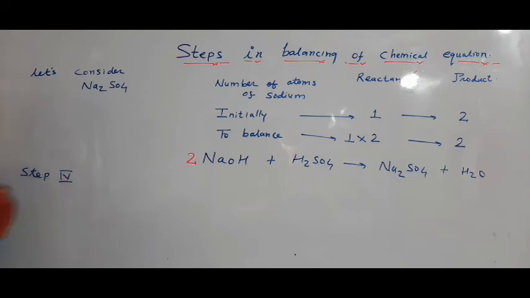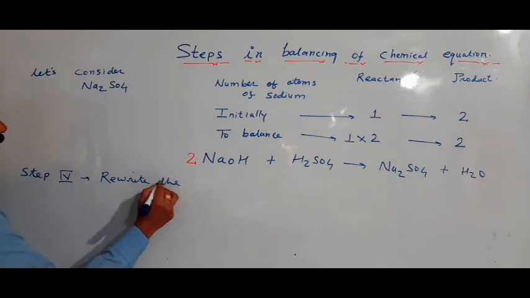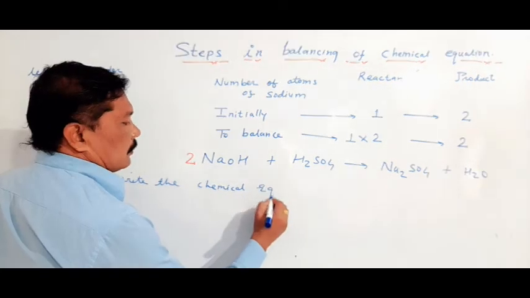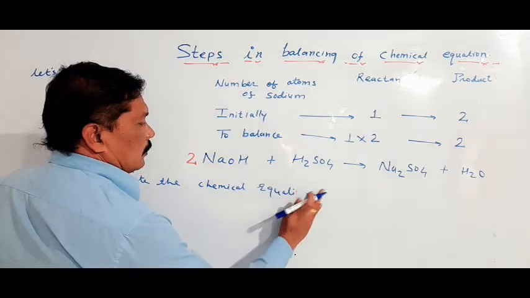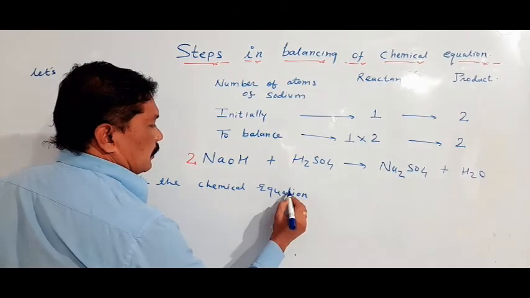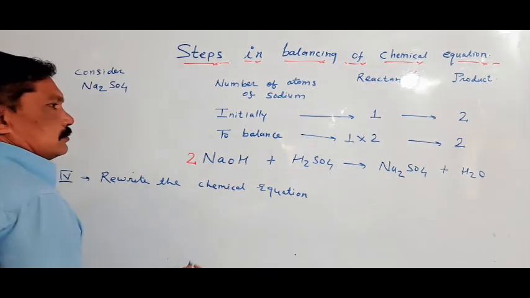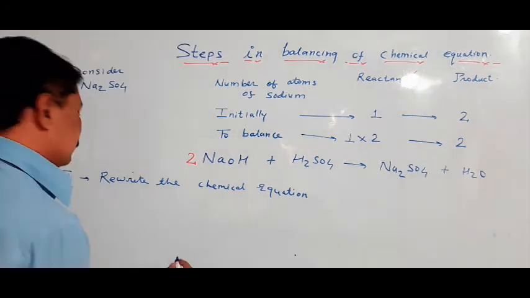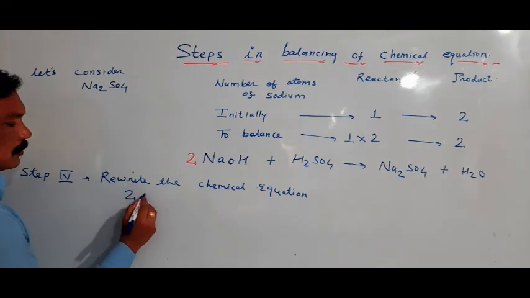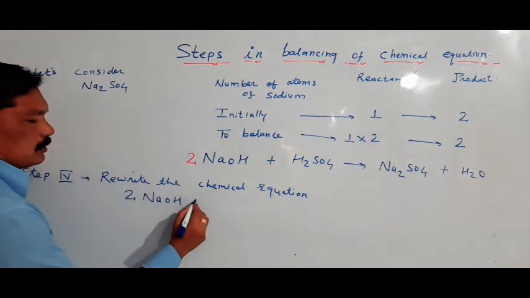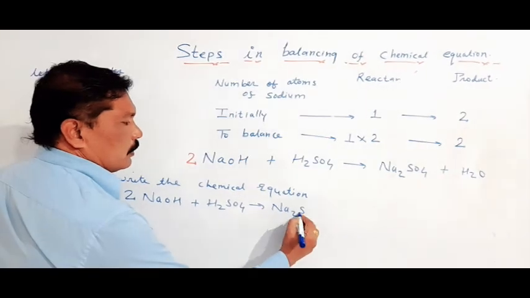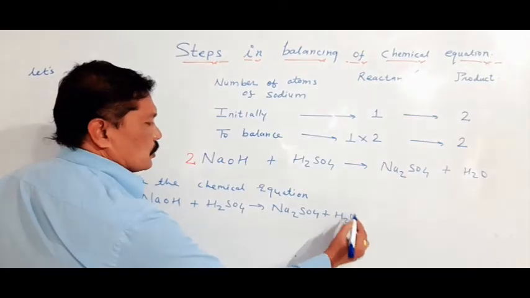Step 4. We write the chemical equation. Twice NaOH plus H2SO4 gives Na2SO4 plus H2O, water.